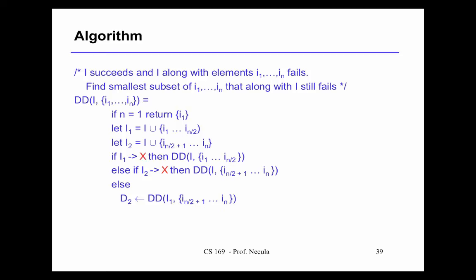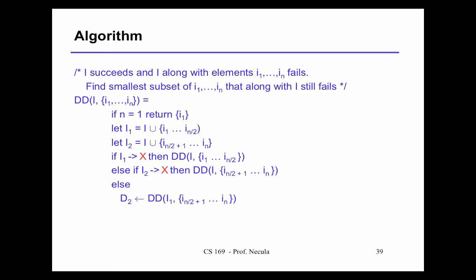So this is where it becomes tricky. I know that I1 succeeds, and I'm going to recurse into this second half to find the minimal set of my elements in the second half that along with I1 reproduces the failure.